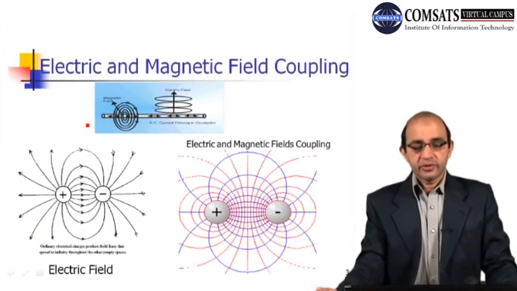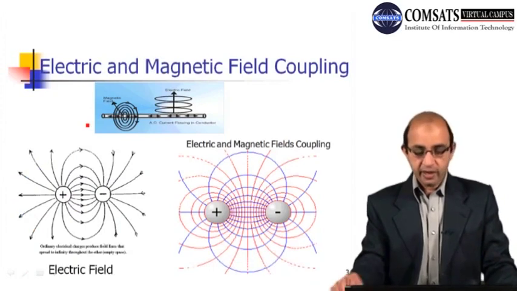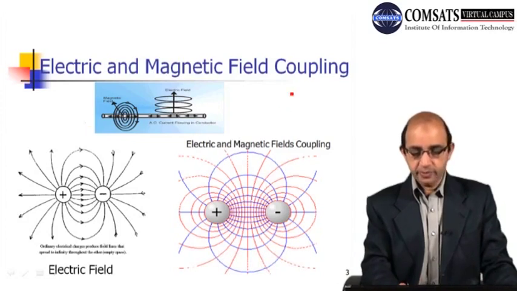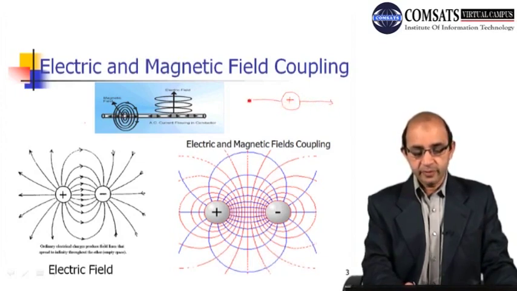So let's start. If we have an electric charge, let me draw. So for example, I have an electric charge here. So the electric lines of force will be directed outside.